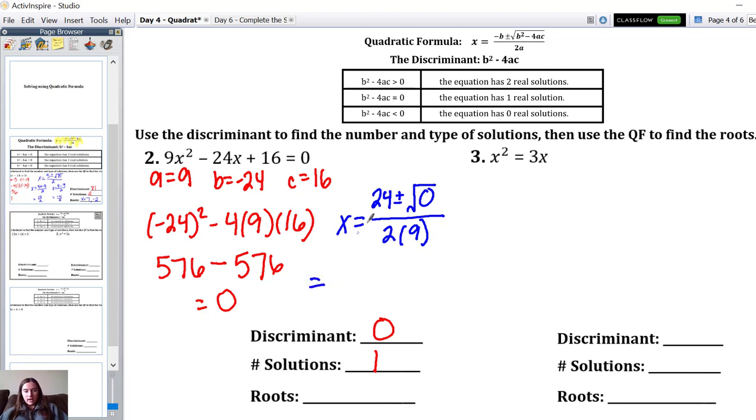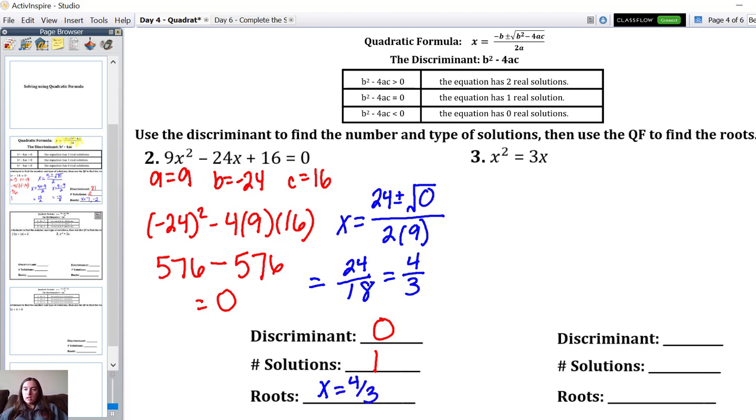So now when we simplify, the square root of 0 is 0, so 24 plus or minus that is just going to be 24, and 2 times 9 is 18, and now both of these are divisible by 6, so we're left with 4 over 3. So our graph is only going to touch the x-axis once, and that is at the x value of 4 over 3.